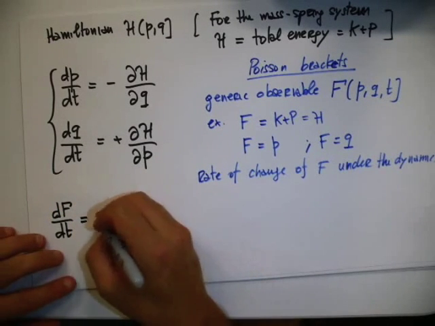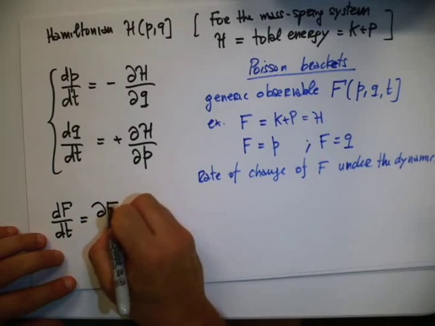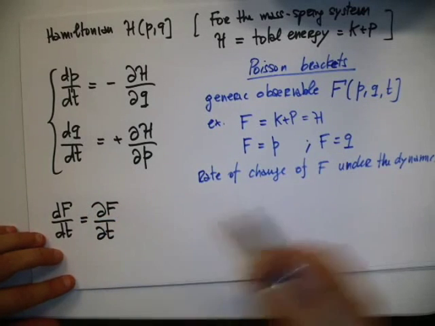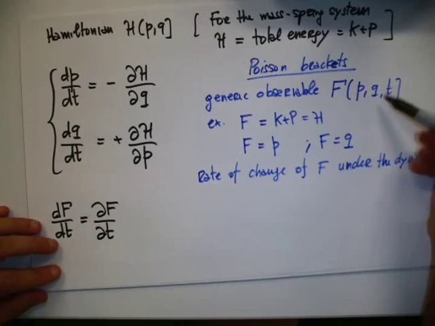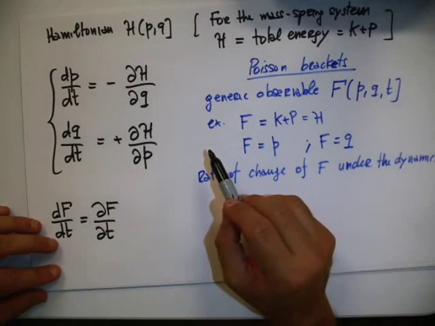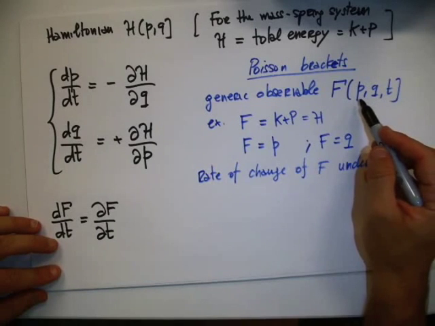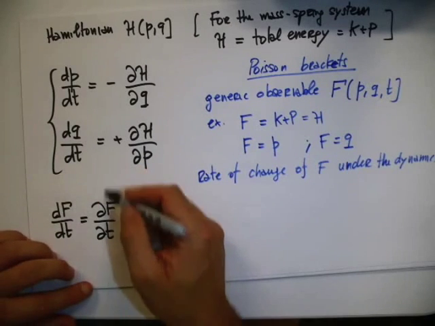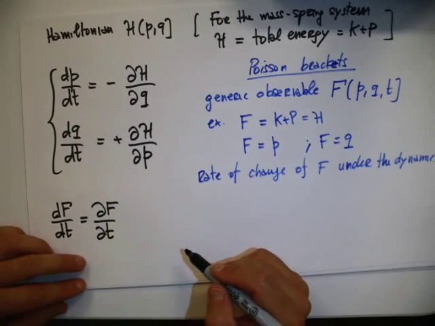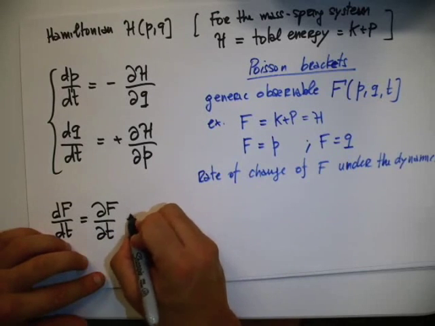But this is equal to what? This is equal to the partial derivative of f with respect to time. In general, this function f can also have an external time dependence, which doesn't come from the intrinsic time dependence induced by p and q. Okay, so this is simple partial of f with respect to t.